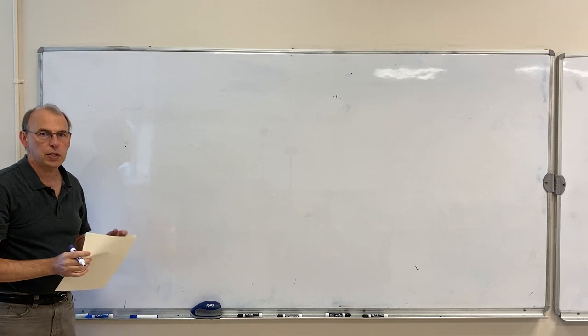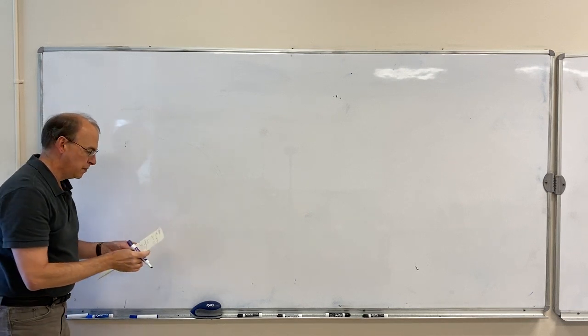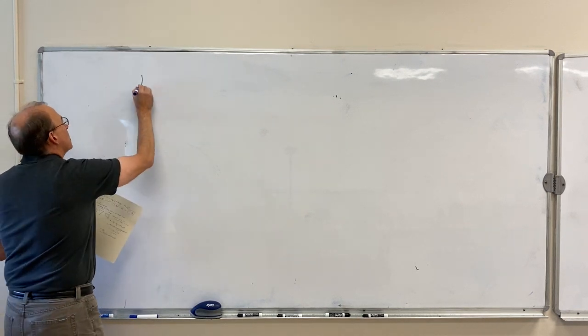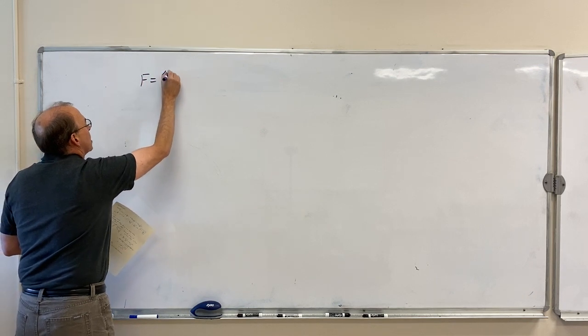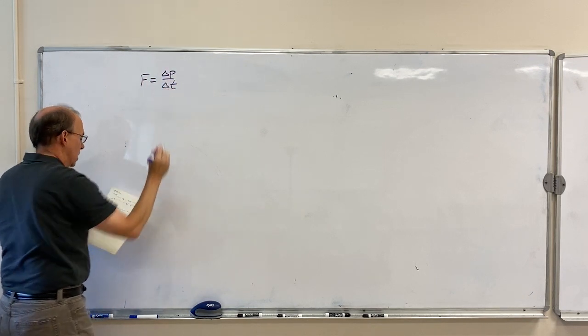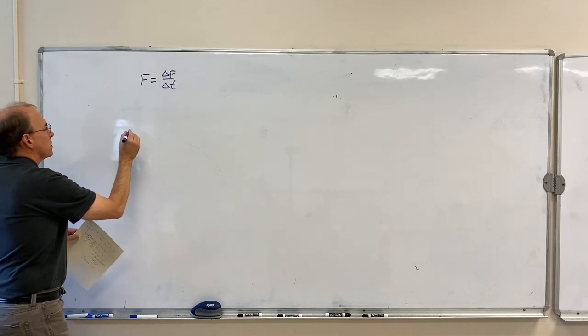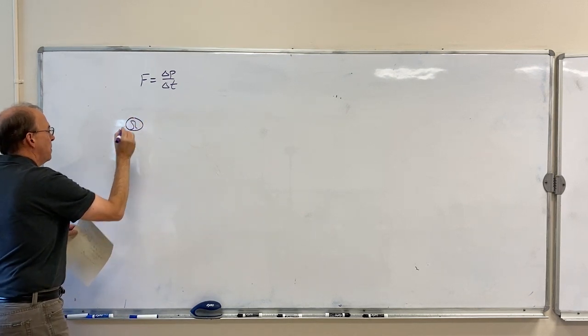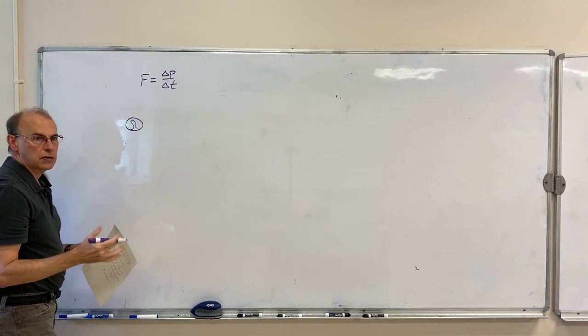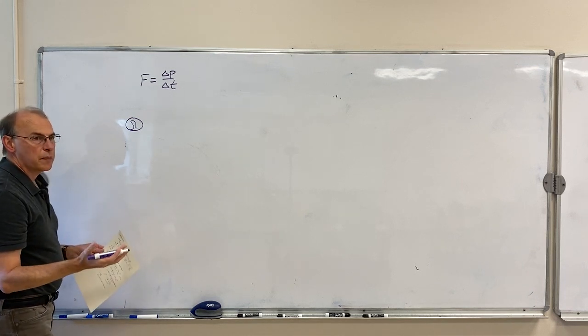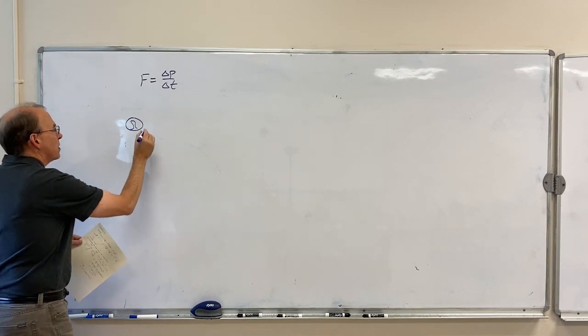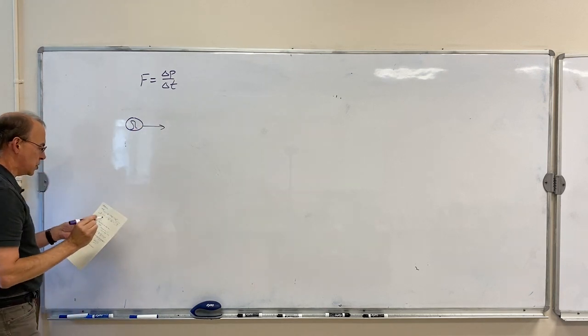That's typically called an impulsive force. So we've got force is delta p over delta t, and let's give you the example of a baseball hitting a bat. You probably have a bat hitting the baseball, but that's a very large force that acts for a very short time.